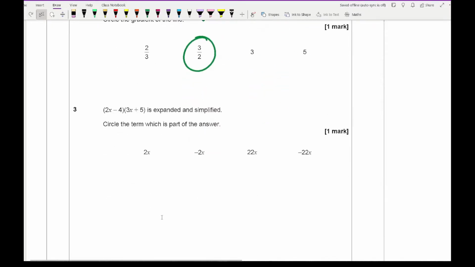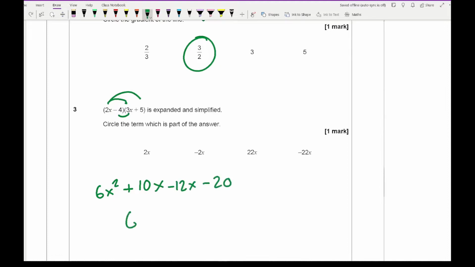For question 3, it's just about expanding the bracket, so that is expanded and simplified. Circle the term which is part of the answer. So again, the easiest way to do this is to just basically do the expansion. So 2x times 3x is 6x squared plus 10x and then minus 12x and then minus 20.